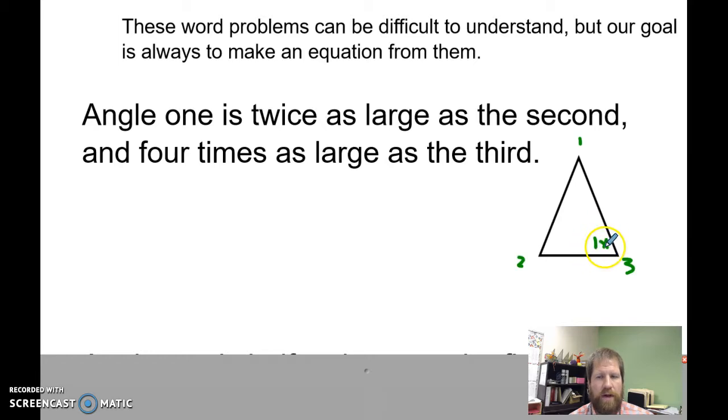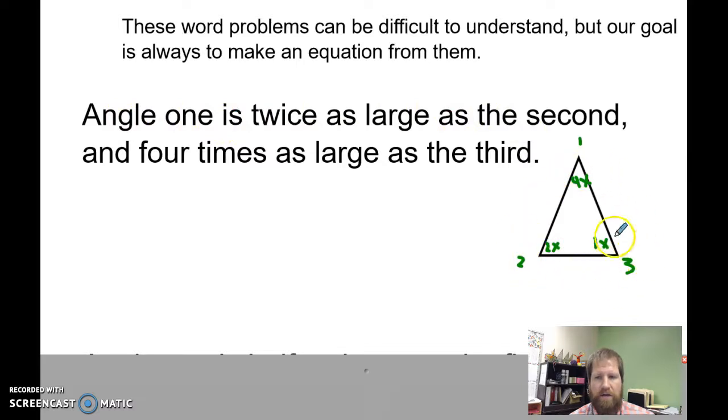Then angle 1, which is 4 times as large as that, should be 4x. And angle 2, which is half as large as angle 1, or angle 1 is twice as large as angle 2, that should be 2x.